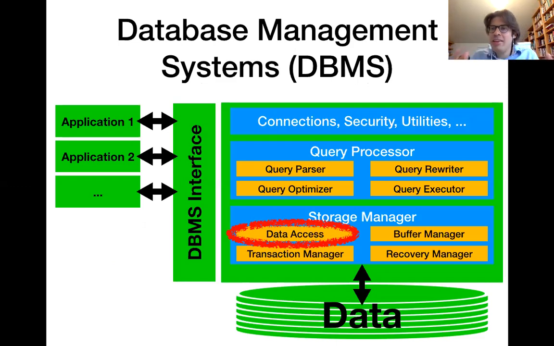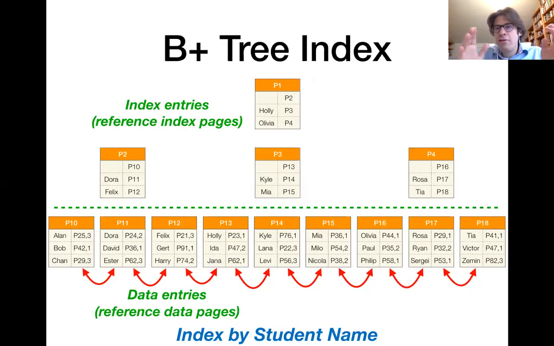And one of those indexes essentially provides you with a shortcut in order to find those rows that you are looking for. For instance, one of the most popular variants of indexes in practice is based on trees. So those are essentially search trees.